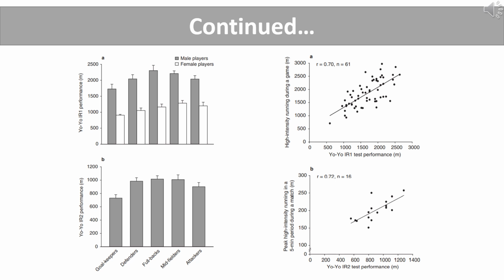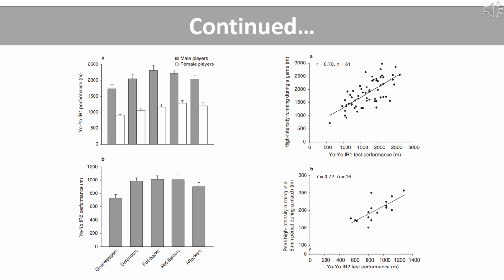And the midfielders, of course, often have to cover the largest amount of distance in a game because of their position. Unfortunately, we don't have data for female players on the yo-yo intermittent level 2 test, but we can see its ability to discriminate between genders on the level 1 test.